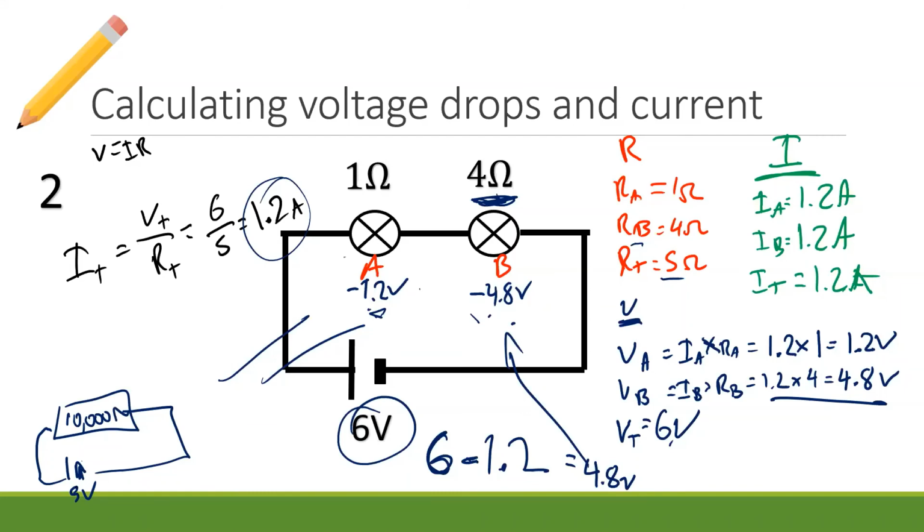I is 5 divided by 10,000, which is 0.0005 amps. That's pretty much no electricity moving at all because the resistance is just too high. But that's something we can look at later on.